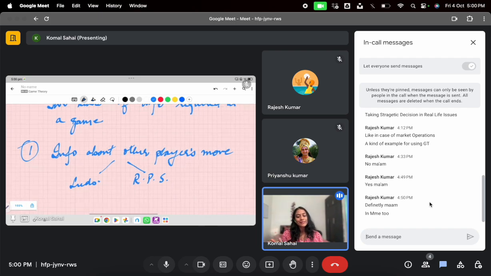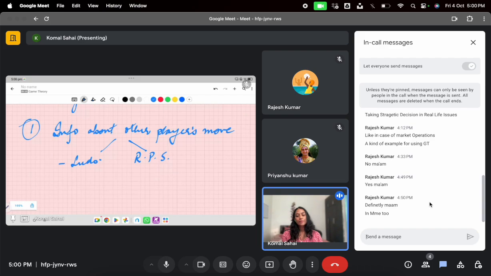Okay, so this is an information. Ludo is the example of a game in which players are moving sequentially, right? And rock paper scissors is an example of a game where players are moving simultaneously. Which also means that in this game, when you are making a move, you do not have information about the other player's move, whereas in Ludo you do.